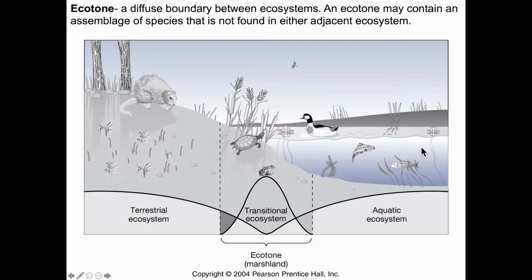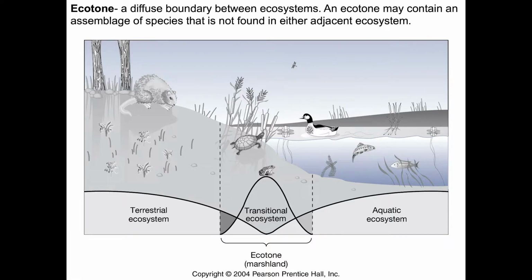But let's say it's a nice, clean beaver pond. We would have a variety of fish species living in this aquatic ecosystem. We would have reptiles and amphibians, as well as waterfowl living in the transitional ecosystem. And then up the hill a little bit more towards the geology department, we have the terrestrial ecosystem dominated by ground squirrels and magpies.